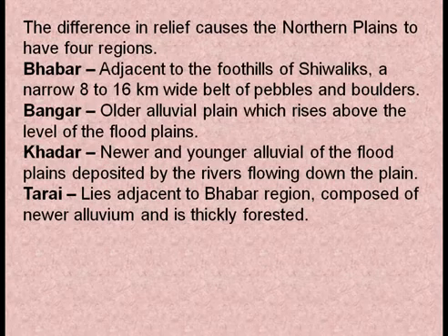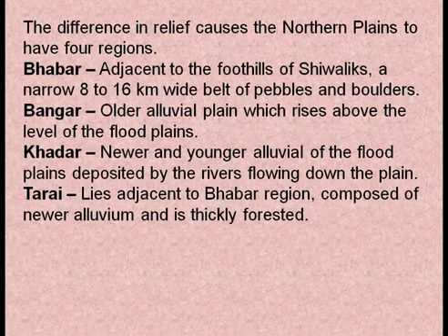The difference in the relief divides the northern plain into four sections: Bhabar, Bangar, Khadar and Tarai. What is Bhabar? Adjacent to the foothills of the Shivalik, a narrow 8 to 16 kilometer wide belt of pebbles and boulders.